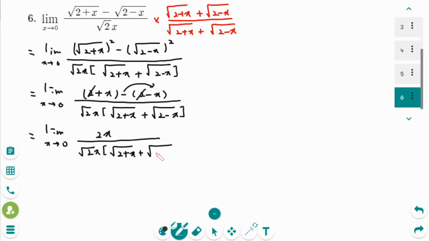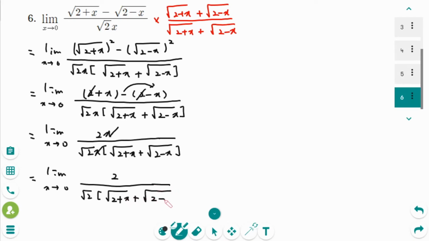same thing, and then cancel the common factor, which is x. So limit x approaches 0, 2 over square root of 2 times square root of 2 plus x plus square root of 2 minus x.